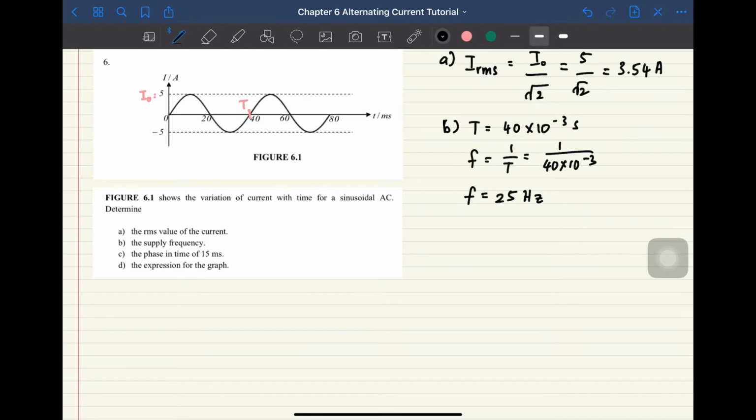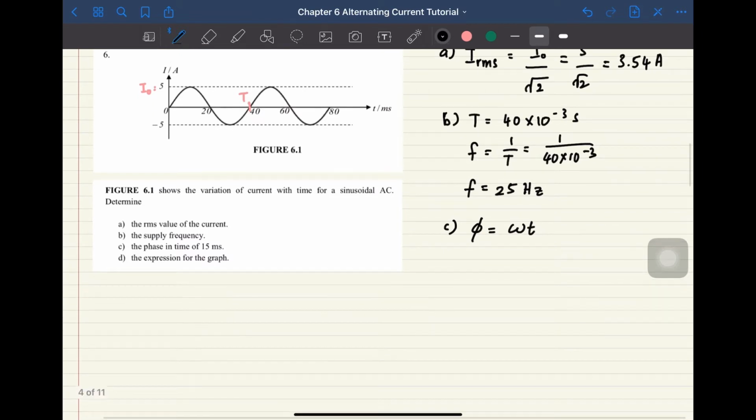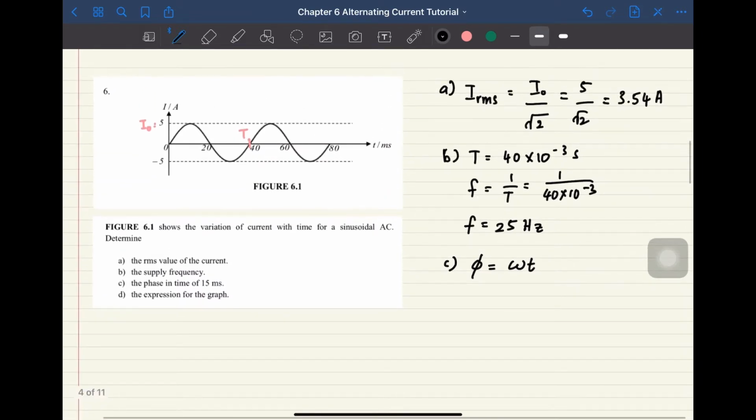For question C, they want to find the phase at a time of 15 millisecond. So the phase phi equals omega t. You have the equation I equals I naught sine omega t, where the omega t here is the phase.